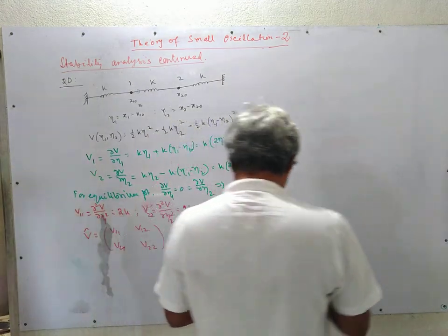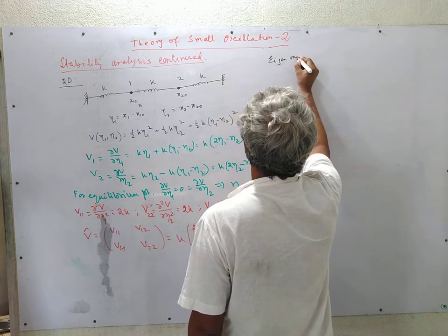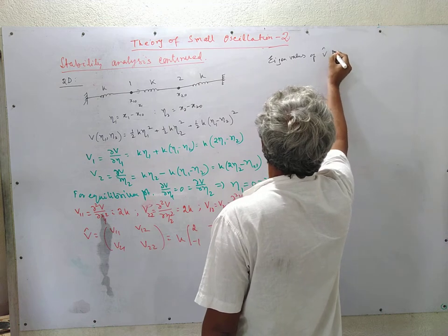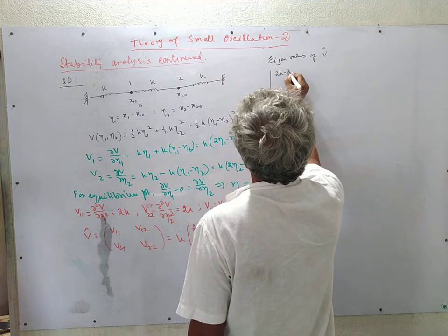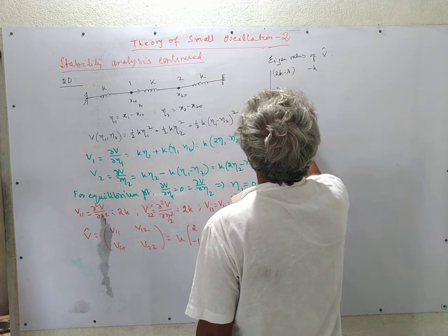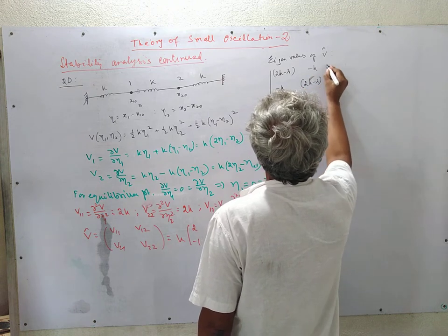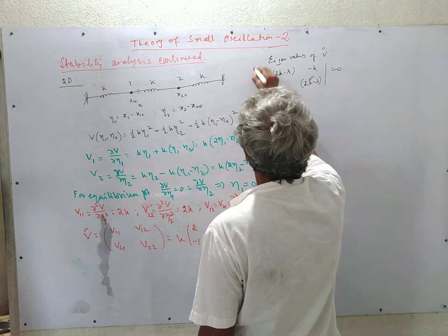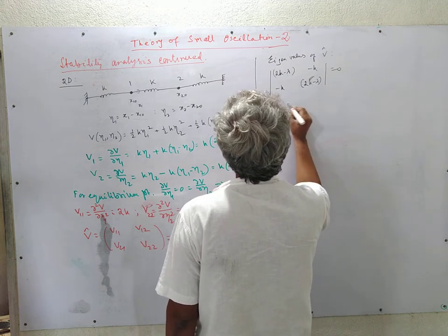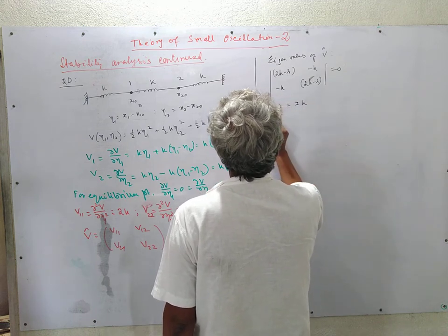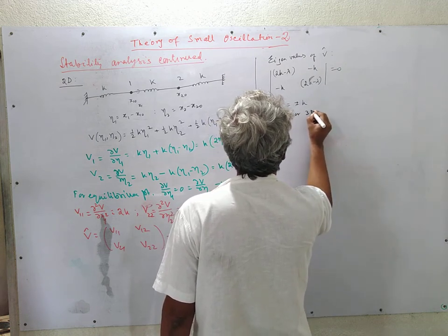So, for the eigenvalues of V, the determinant of 2K minus lambda, minus K, minus K, 2K minus lambda is 0, so that we have 2K minus lambda equal to plus or minus K, or lambda is equal to K or 3K.